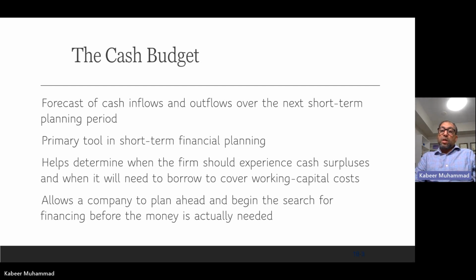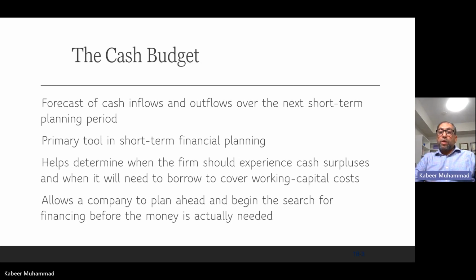It also tells us in which quarter of the year we have to borrow and in which quarter we have a surplus to adjust our short-term debts. It allows the company to plan ahead and begin the search for financing before the money is actually needed.